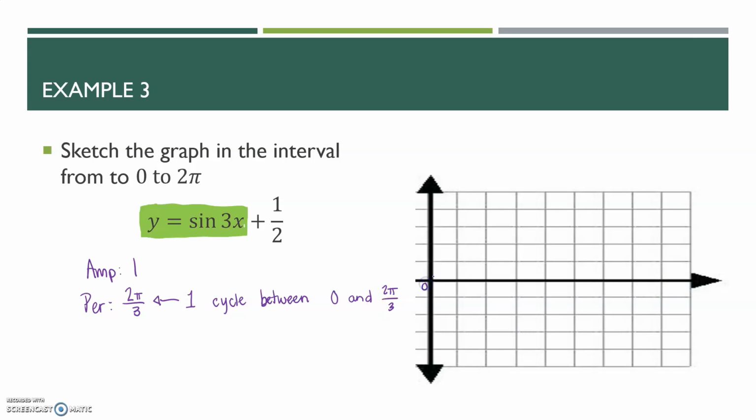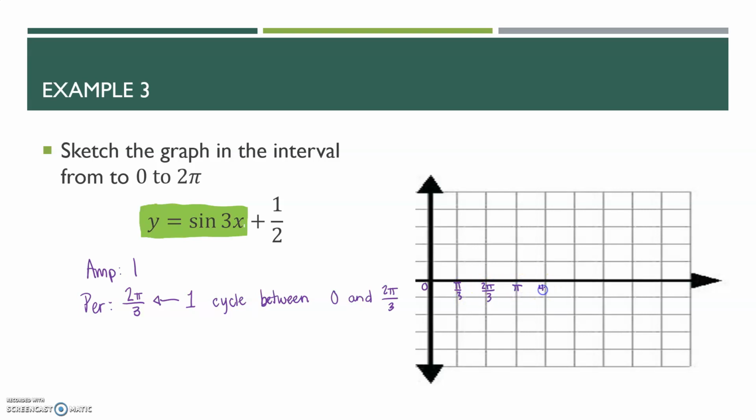So I've got 0 here, and before I was saying this is 1/4, 1/2, 3/4, 1, and breaking it down into quarters. Now I'm going to break it down into thirds, so that's going to make this be pi over 3, and 2 pi over 3, and this is pi.